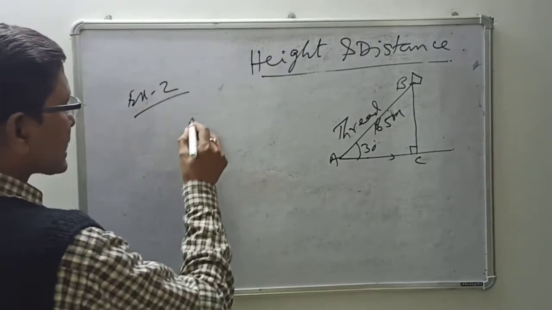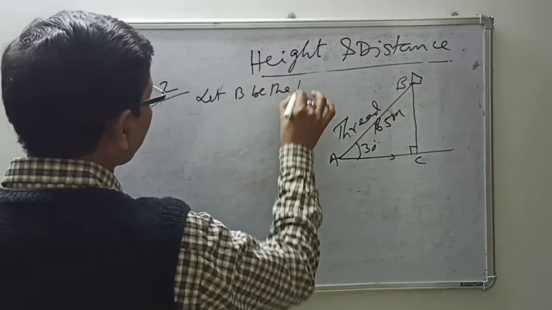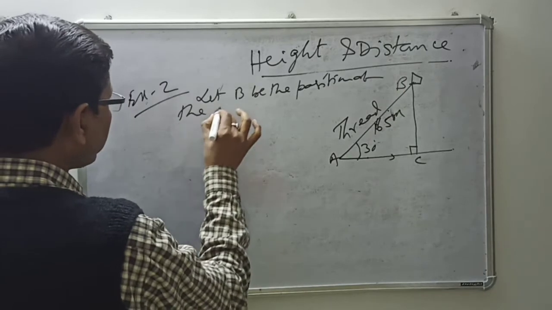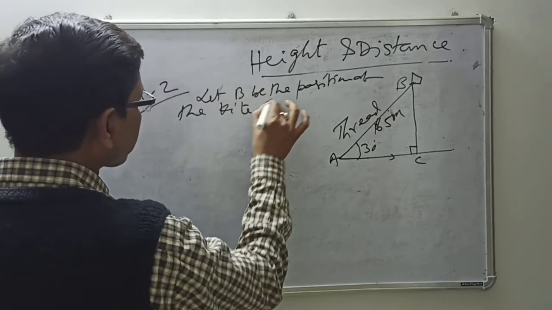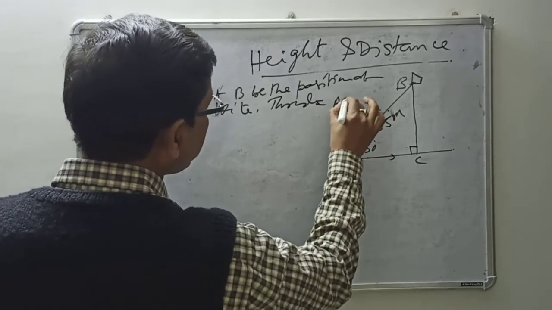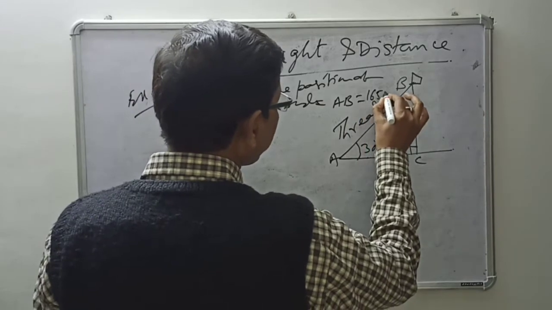This is the simple figure, and then you will explain the figure. So here you can say, let B be the position of the kite, and the thread you are having is AB. That is given, 165 meter.